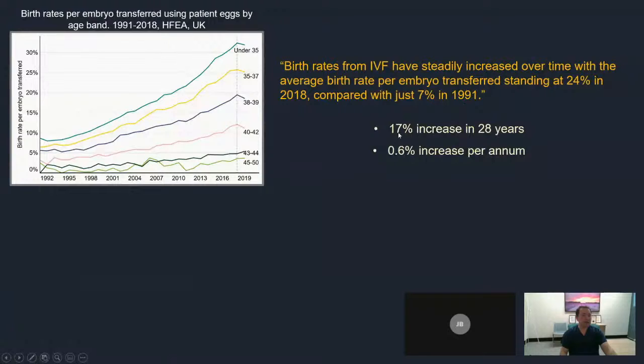So during 28 years, the advanced healthcare system of the United Kingdom managed to increase the success rate in IVF by only 17%. In 28 years, 17%. If you divide by year, we see a 0.6% increase per annum of live birth rate.